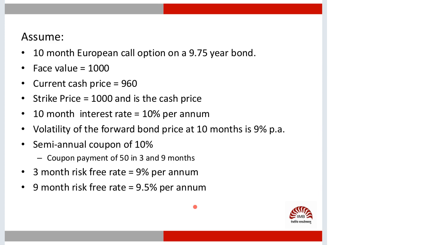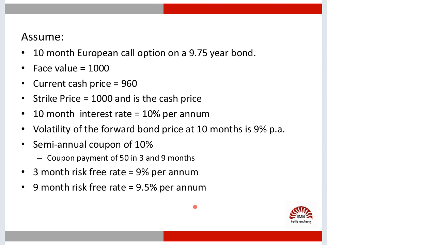The bond may have expired, and therefore the underlying may not actually exist. So it is necessary that the life of the underlying is at least equal to the life of the option. Preferably, the life of the underlying should be more than the life of the option.